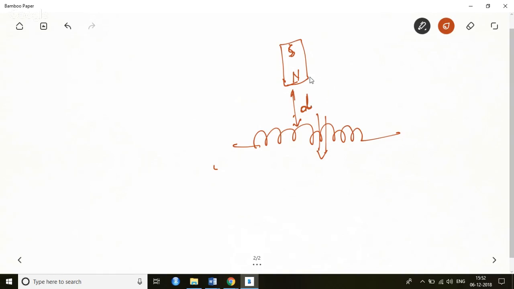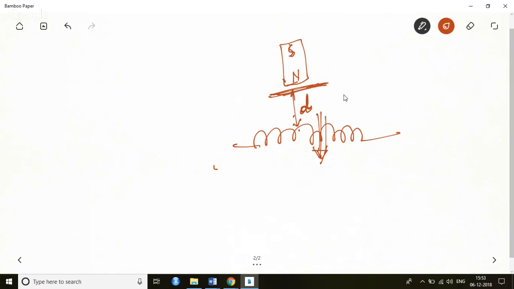Now what I start doing for experimentation is that I keep on changing the distance between this coil and this magnetic material continuously. So this will never be d, it will always keep on changing. If I keep on changing the distance between this magnetic material and this coil, the magnitude of the magnetic field, or the magnetic field lines which would be crossing this particular coil, will keep on changing always.